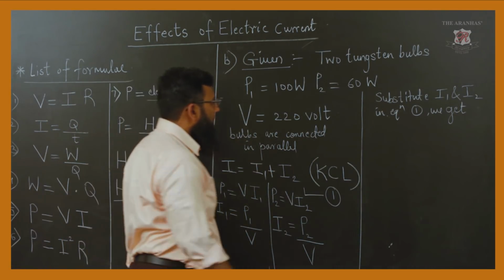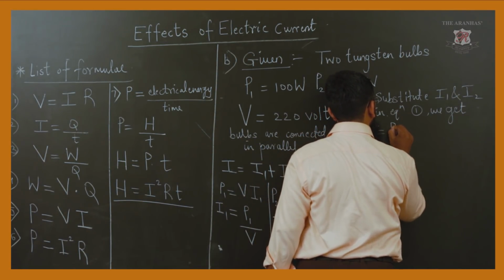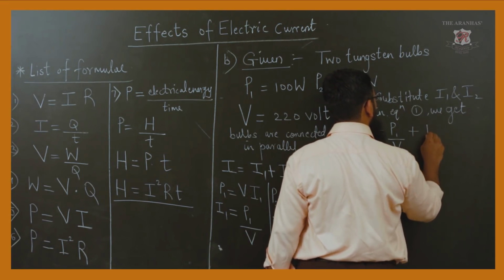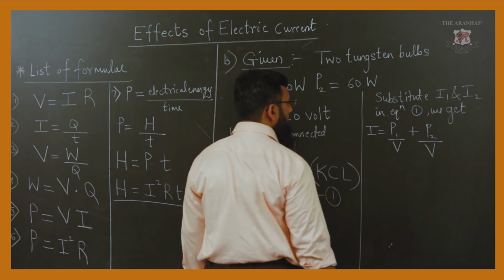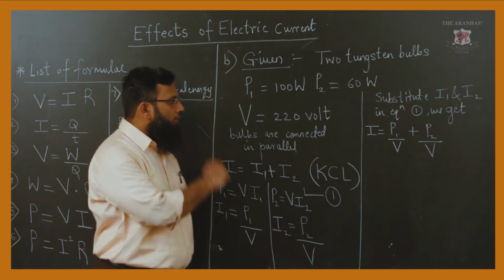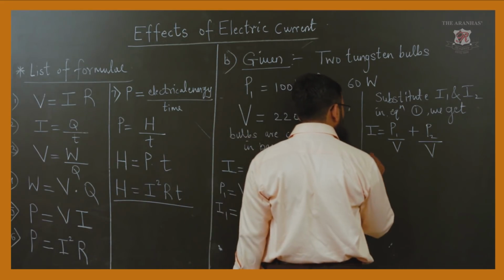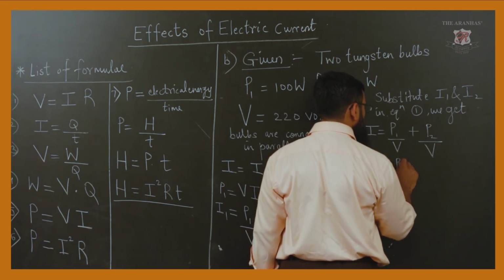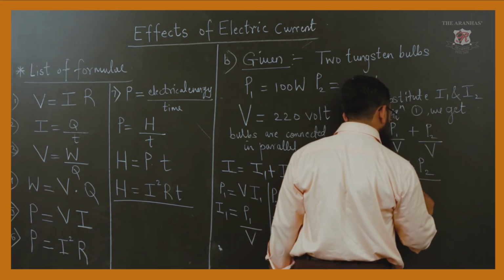So, we will get I equal to P1 by V plus P2 by V. If you observe here, the denominator is the same. So, we can also write this as P1 plus P2 by V.